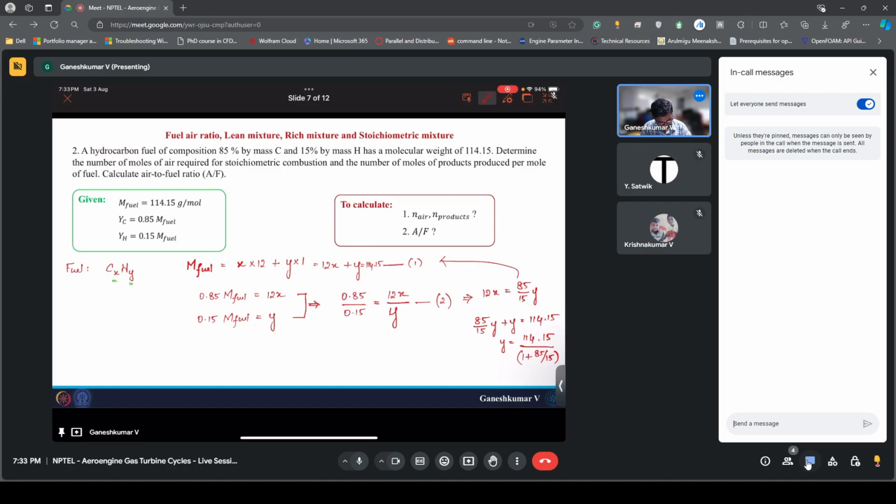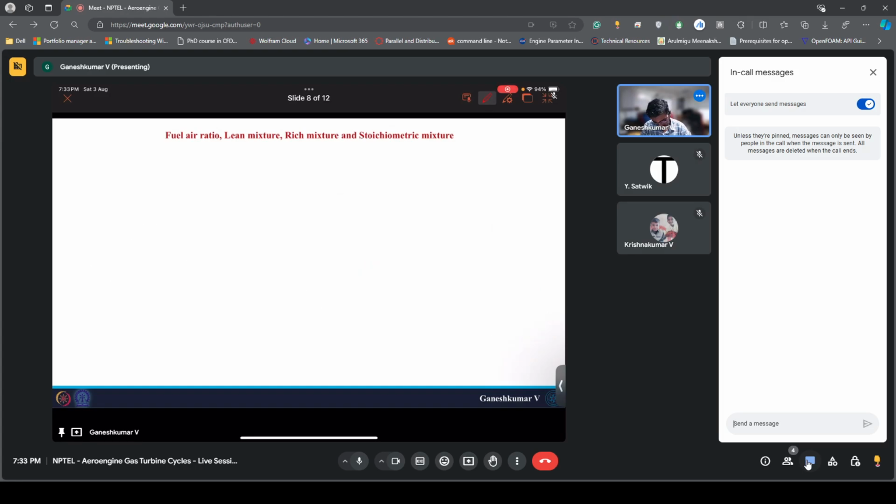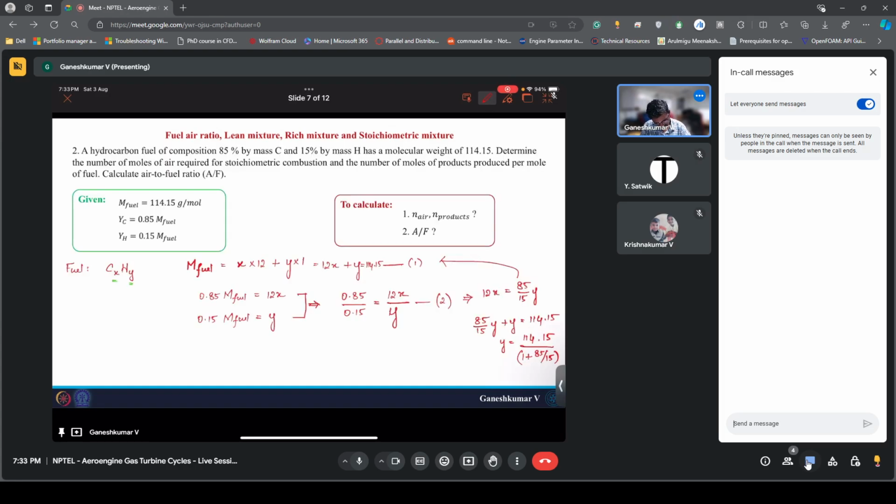So if you do that, let's say if I want to find y, how much would that y be? 114.15 divided by 1 plus 85 by 15. So y is coming out to be something like 17.1225.